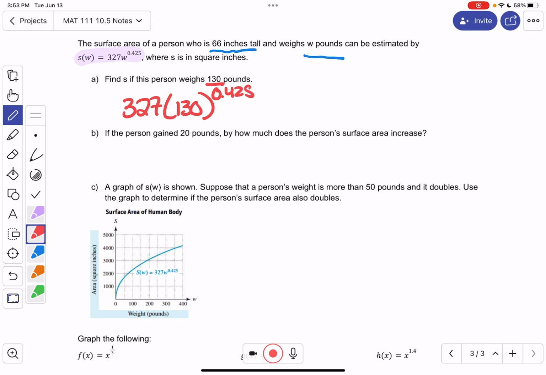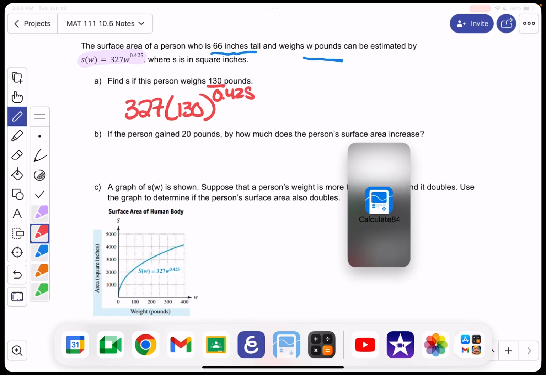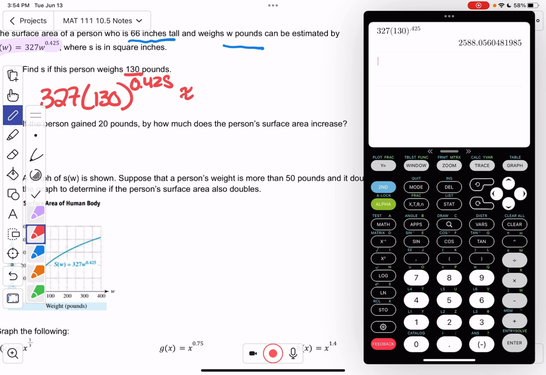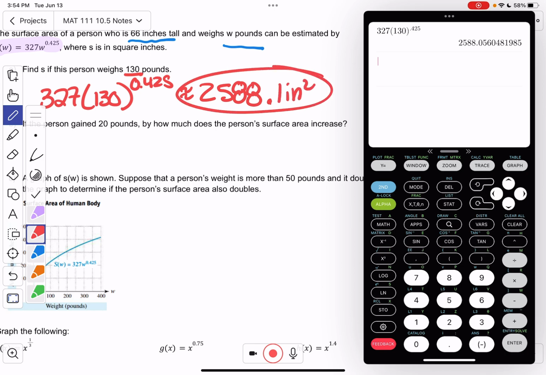Now, you could turn that into a fraction and do all that crazy math, or we can just type it in exactly as it is. 327, parentheses 130, caret 0.425, and we get about 2,588.1 inches squared. So that's the surface area of this person.